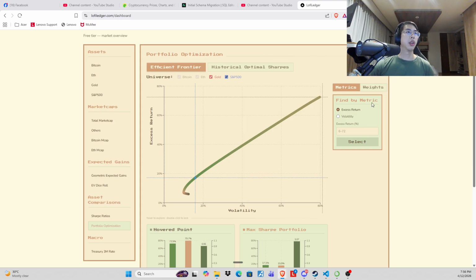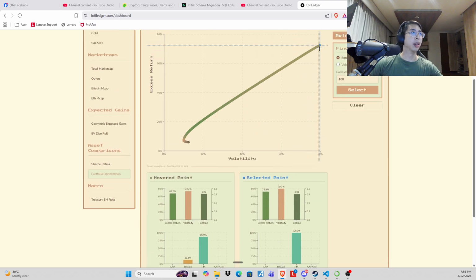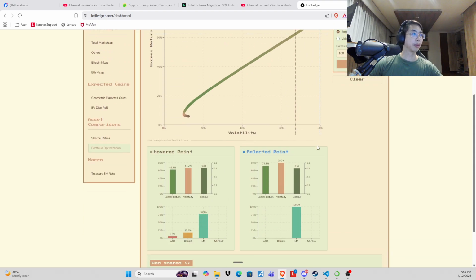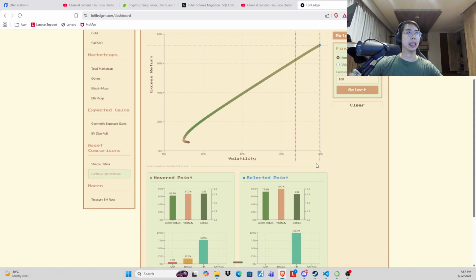For example, say you want to make 100% year on year on average. Then it's telling you that the only point that will give you that is 100% ETH. There is no combination of portfolios that give you that.